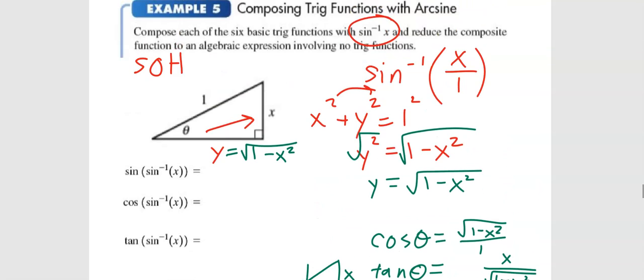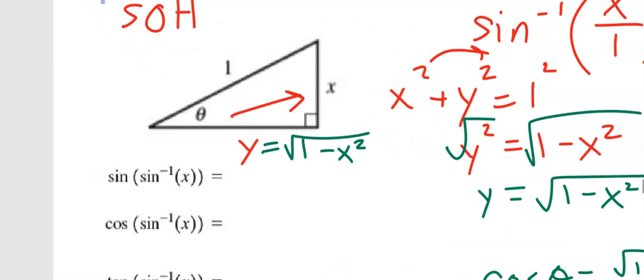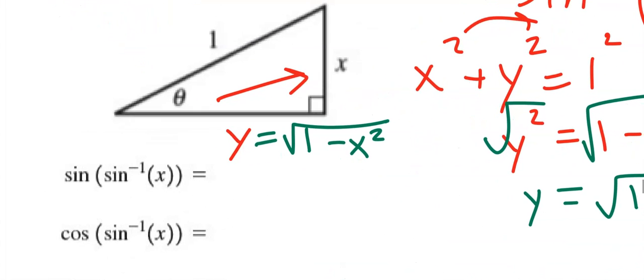Okay, now let's go back and look at their composite functions that they're asking me for. What is sine inverse asking me for? In other words, x went into the, well, whatever one goes in, it doesn't really matter.